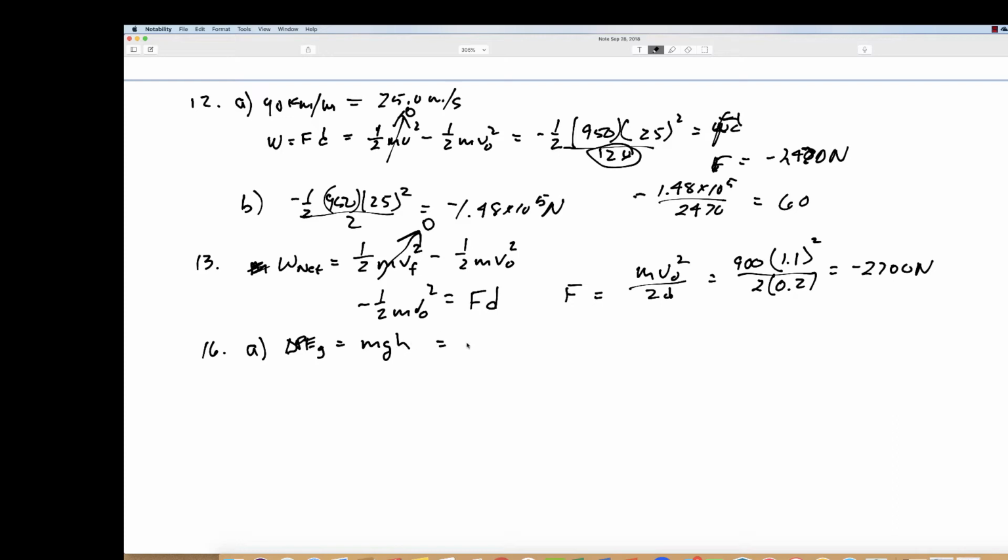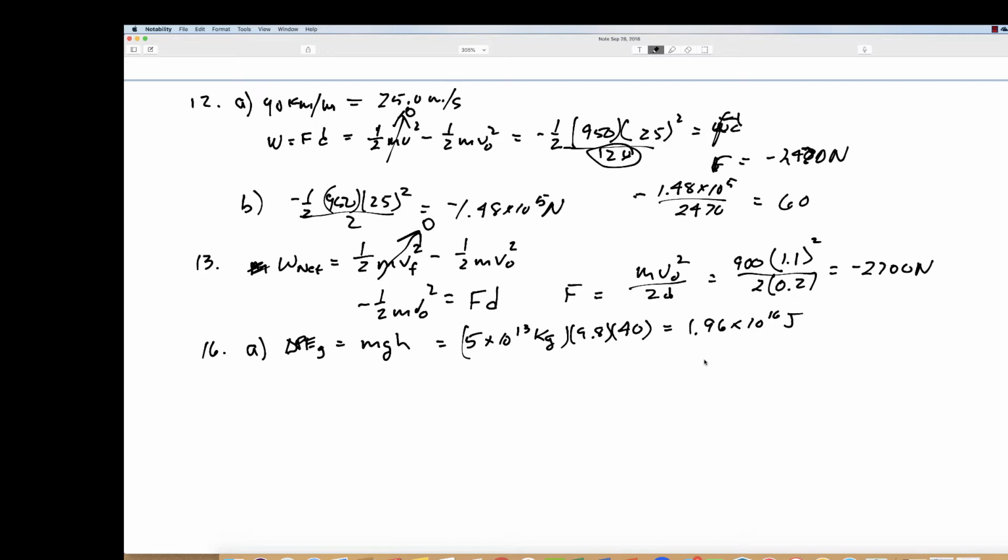In this case, that's going to equal 5 times 10 to the 13th kilograms, times 9.8, which is gravity, times 40 meters, which is the change in height. If we do the calculation here, we get 1.96 times 10 to the 16th joules.